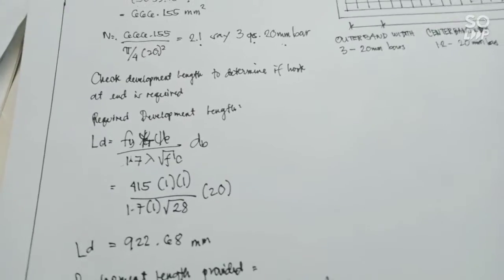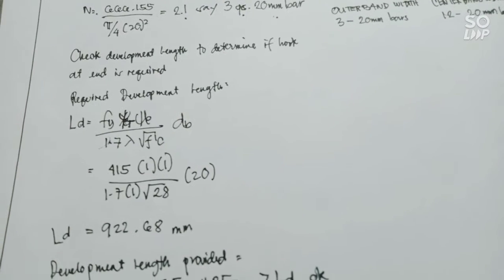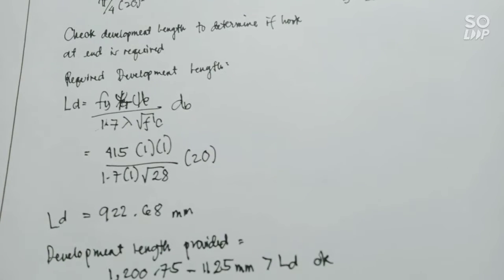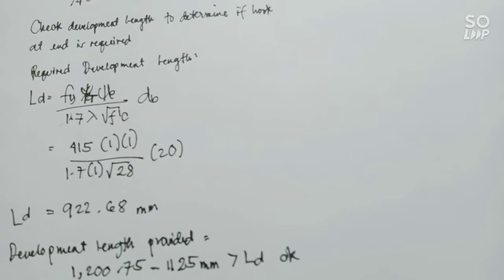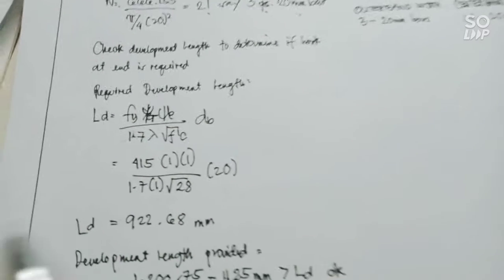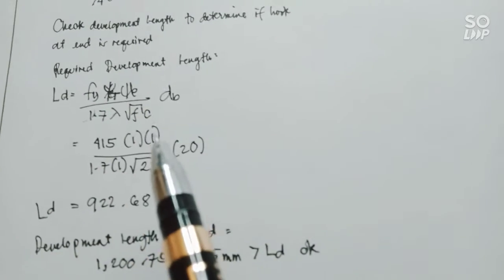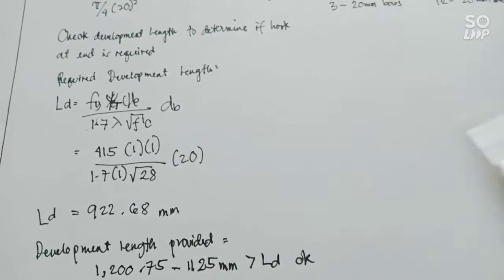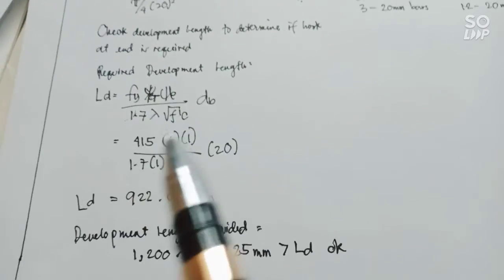And now let us check the development length to determine if the hook at the end is required. The required development length has the formula of Ld equals fy times the reinforcement location factor, which is 1.0, and the coating factor of 1.0, divided by 1.7 times lambda times the square root of fc prime, times the diameter of the steel bar.